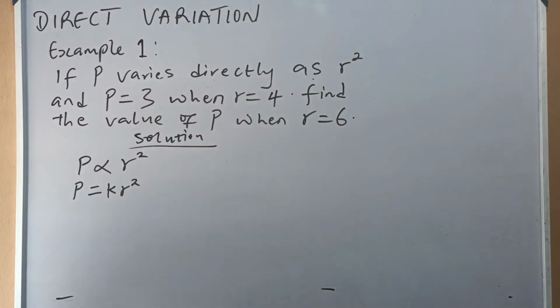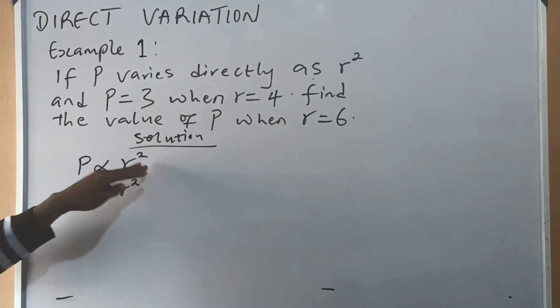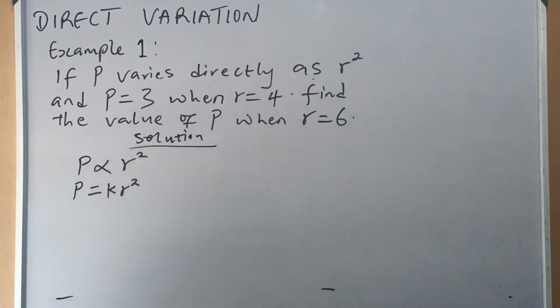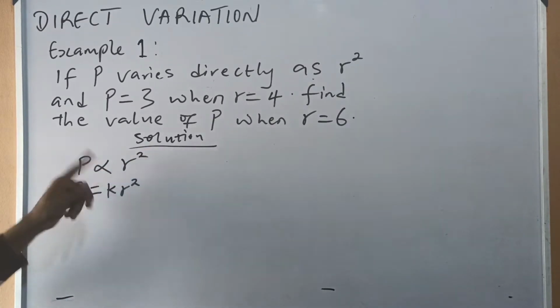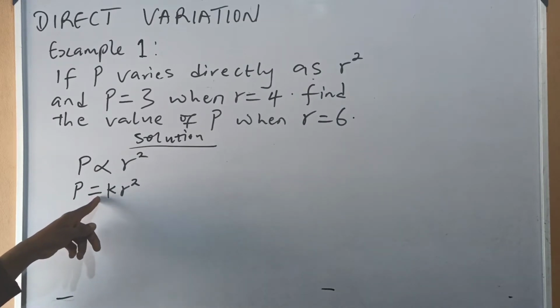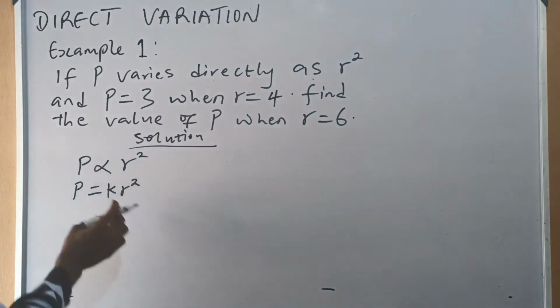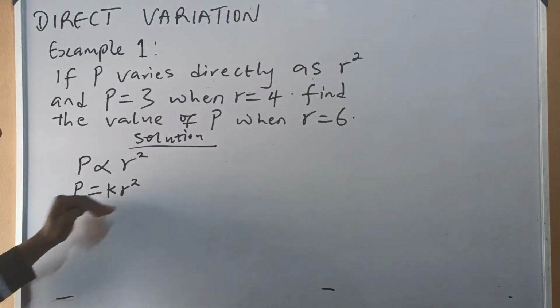Remember, I want to repeat again. Whenever you put your statement in this form, P varies directly as R squared, and you want to remove the variation sign, just put your equality sign, then include your constant. Then the next thing we want to do is to make our K the subject of this given equation.